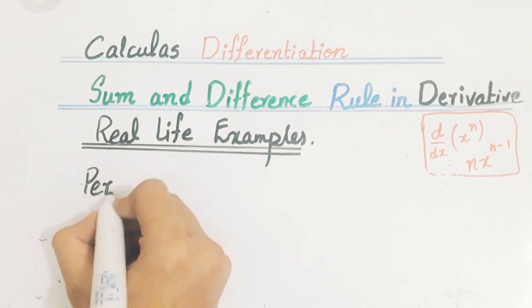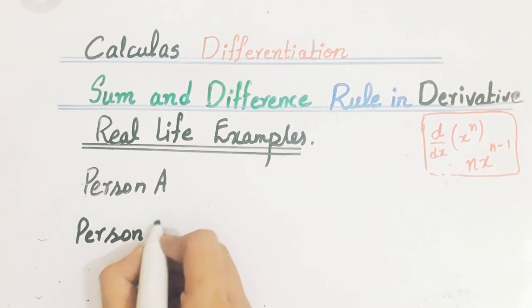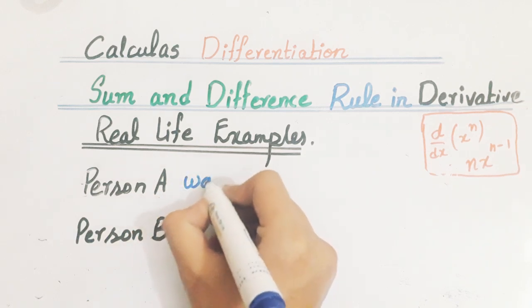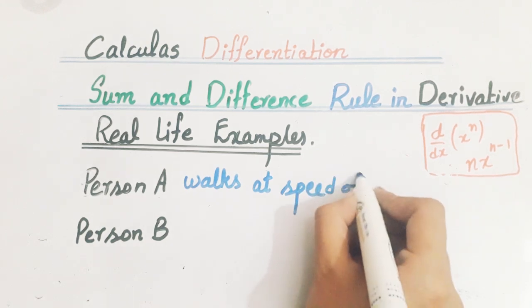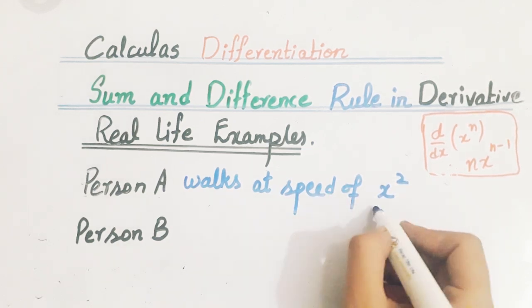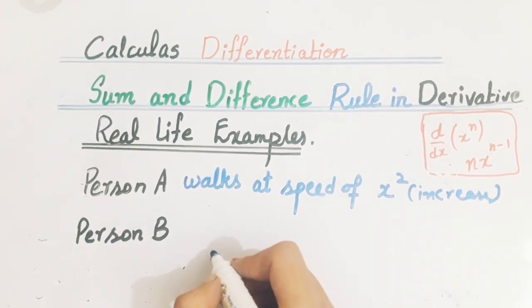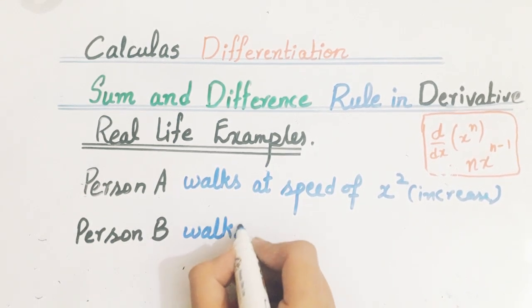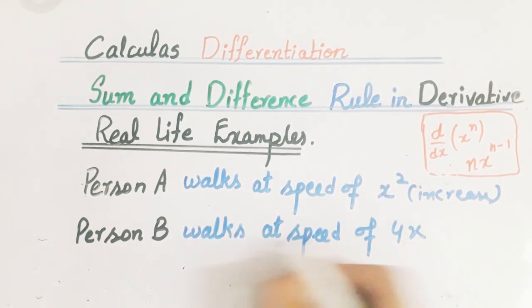Let's suppose one is person A and the other one is person B. So person A walks at a speed of x square, its speed increases, and the other one, person B, walks at a speed of 4x.